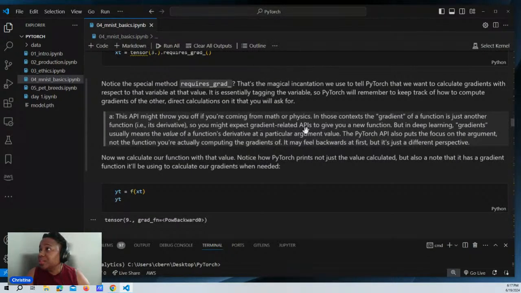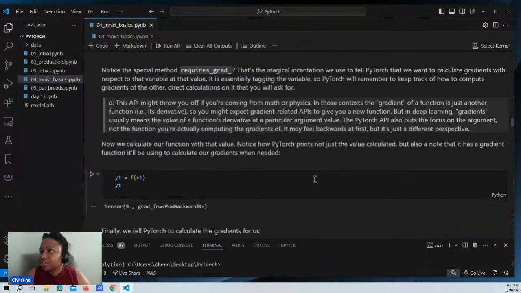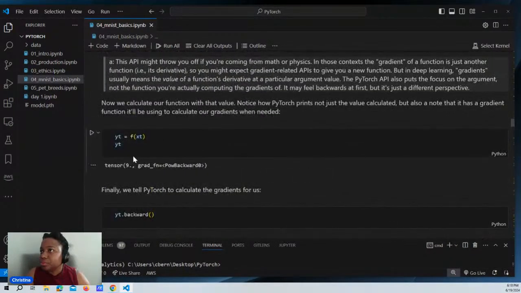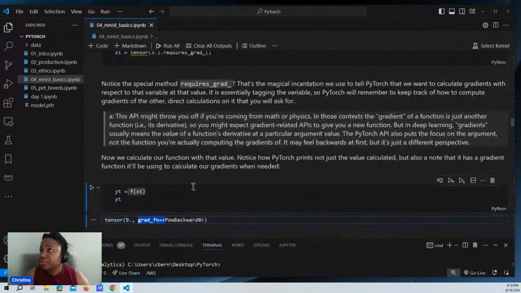Now, the adjustments that we make, and this just goes into APIs or API specific jargon of what they're talking about in context. So if we create a tensor, they find a gradient, right?